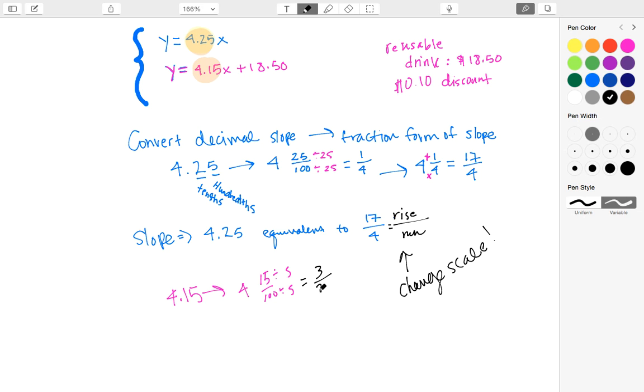So what this will become is 4 and 3/20ths. 4 times 20 is 80, 80 plus 3 is 83 over 20.